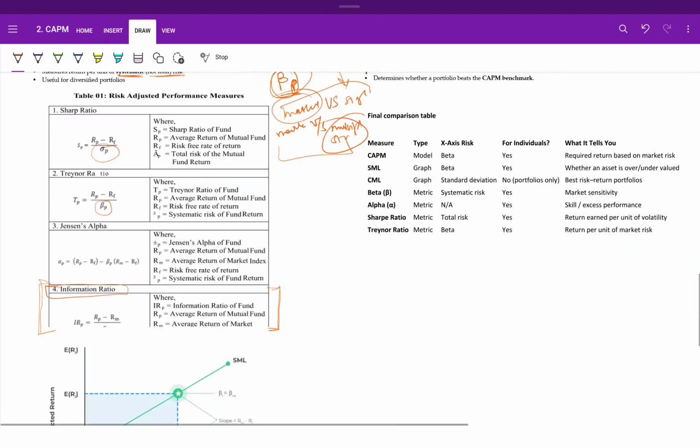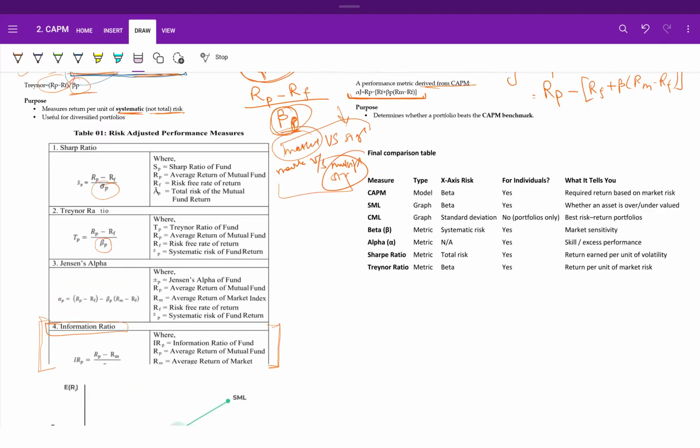And let's quickly do a final comparison of all these measures which we have discussed.